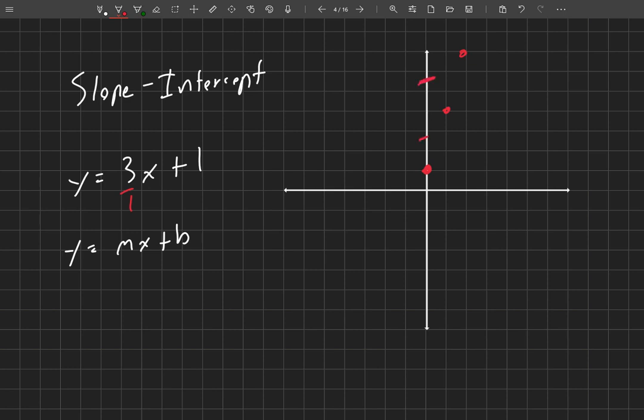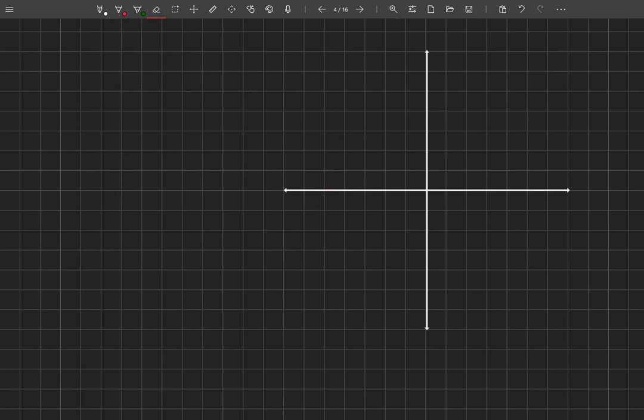It wasn't on a whole number, or maybe your y-intercept happened to be very, very large. Maybe it's a line that looks like this, which is easy to graph, but if you'll notice, the y-intercept is going to be really, really high off this graph, and I'd have to make this way larger to find that point really high. There are some major drawbacks to this slope-intercept form. So we're going to learn a new form, and we're going to call it point-slope form.